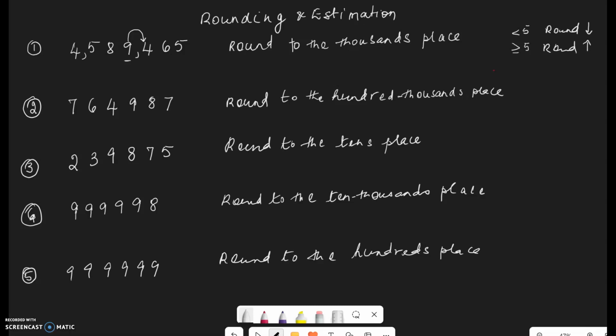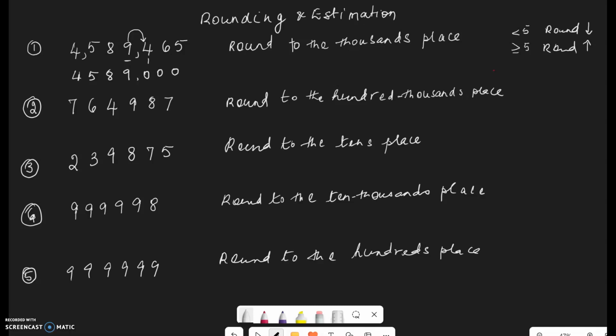So here we have 4. 4 is less than 5, so we round down. Rounding down just means leave the 9 alone. Write down all the digits up to 9. So we have 4, 5, 8, 9, and the rest are zeros.